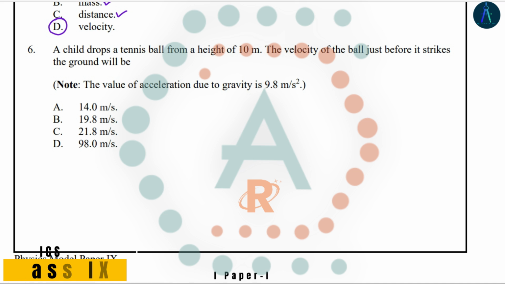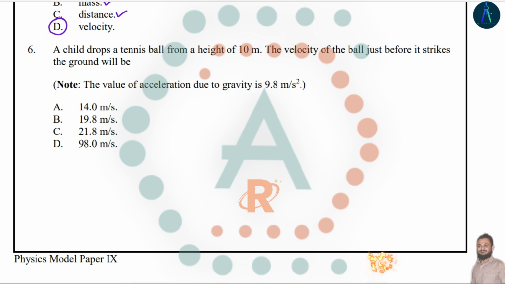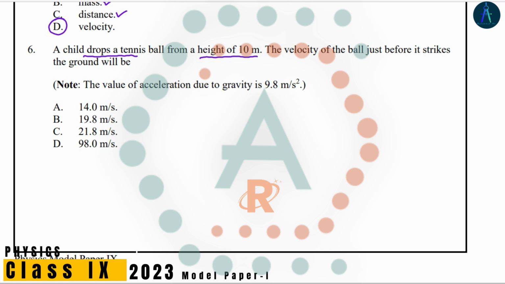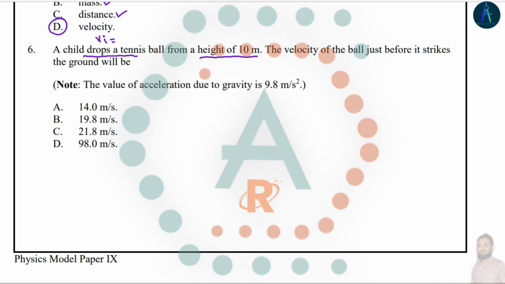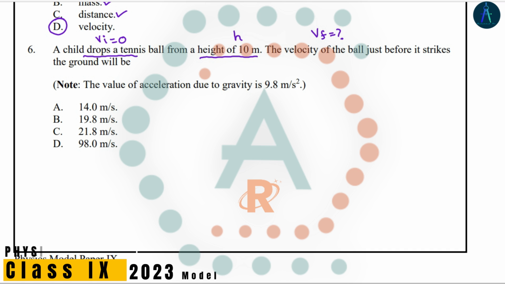A child drops a tennis ball from a height of 10 meters. The velocity of the ball just before it strikes the ground will be. So if our body is dropped, we know that its initial velocity is always 0, and this is our height, and we have to find the velocity that will be the final velocity of the ball.